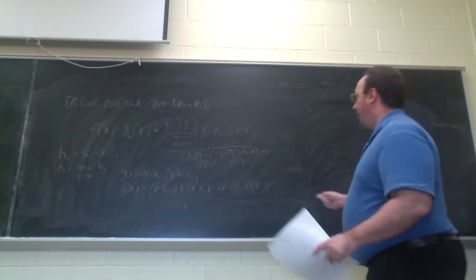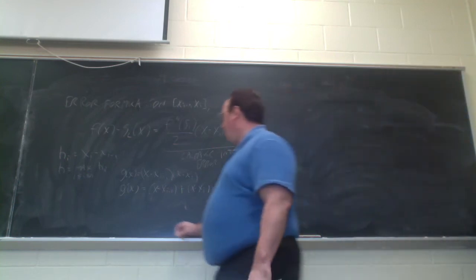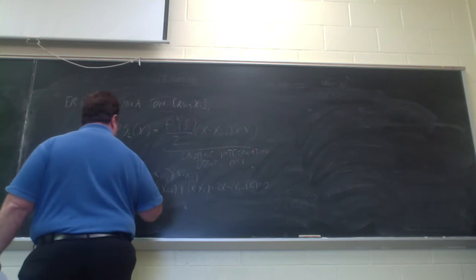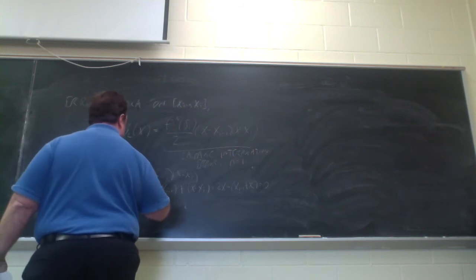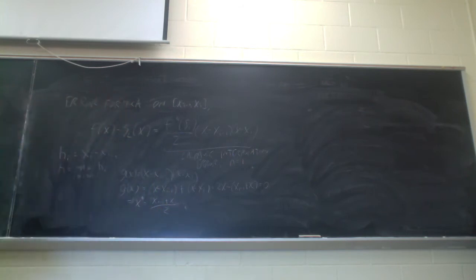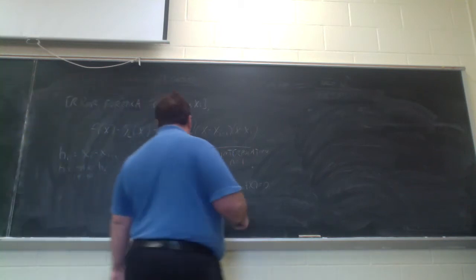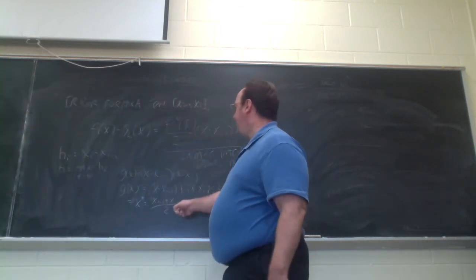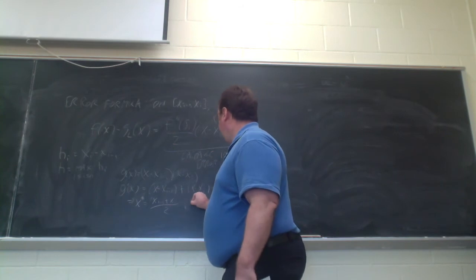I can solve this and get my one and only critical point, which is just the midpoint of the two. I'll call that x star, wherever the critical point occurs. And then what I can do is substitute this back into here.